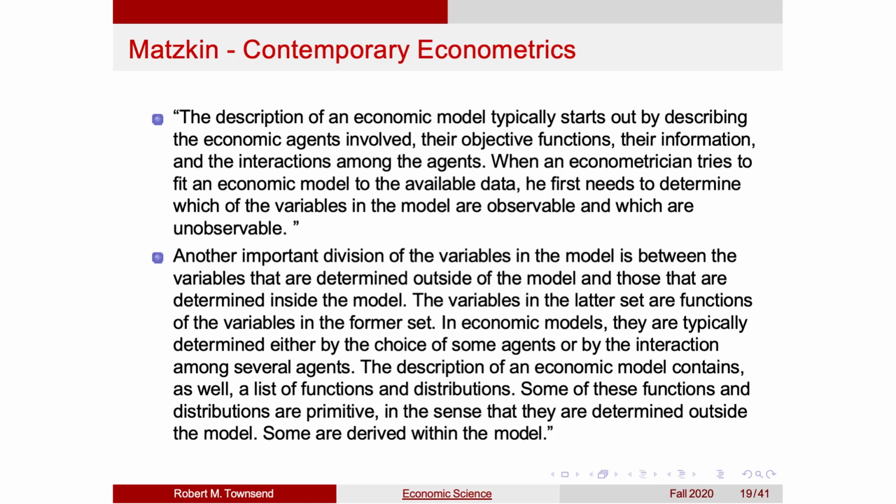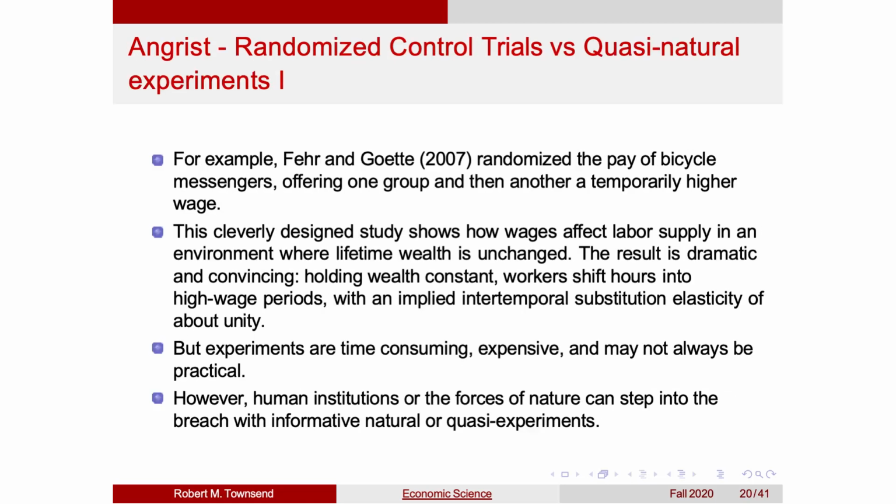Marschak has this language about exogenous and endogenous variables, and we've, again, in that medieval village economy, I think I was using that terminology: things that are taken as given versus things we want to explain. Angrist was talking about randomized control trials and comparing them to quasi-natural experiments. This first example was paying bicycle messengers a higher wage.